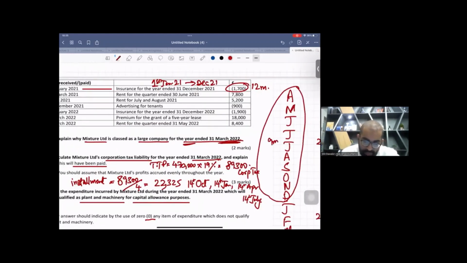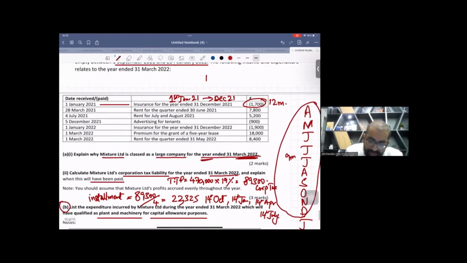So we'll take 1700 times 9 upon 12, because now it's accrual basis, not cash basis. Just count the number of months which fall in your accounting period. So it's 9 months.